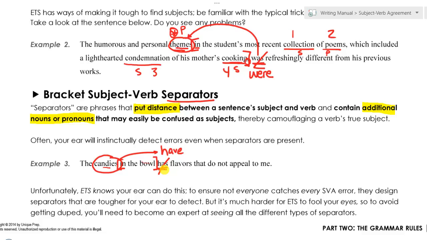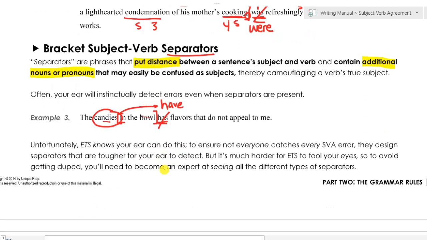ETS knows that students can often detect subject-verb agreement errors even in the presence of a separator, which is why they're going to make the separators a little bit more tricky, a little bit more subtle.